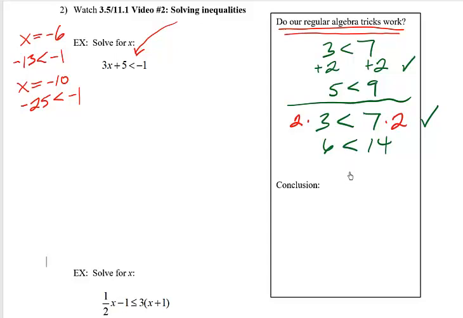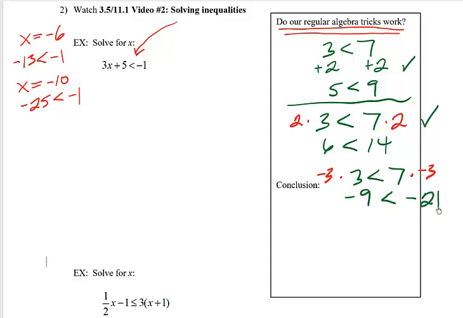But watch this. Here's that same starting inequality. Look what happens if instead of multiplying by a positive number, I multiply by a negative number. What if I multiply both sides by -3? Then this would say -9 is less than -21.